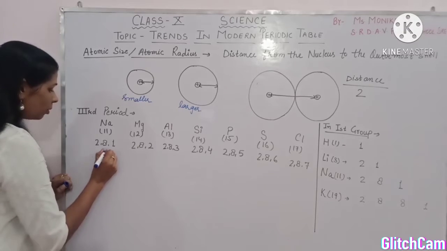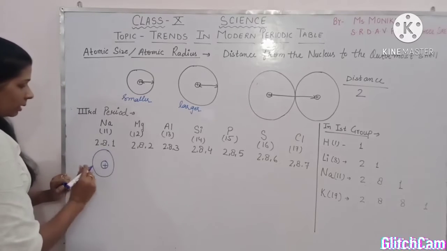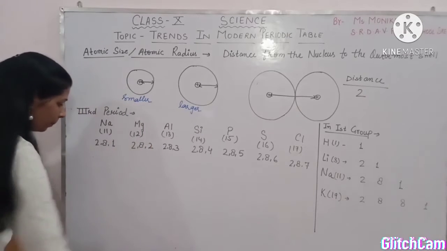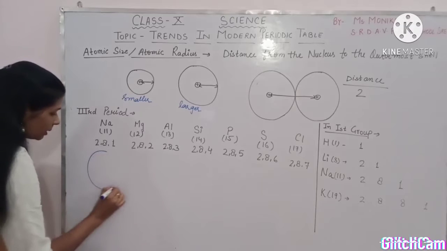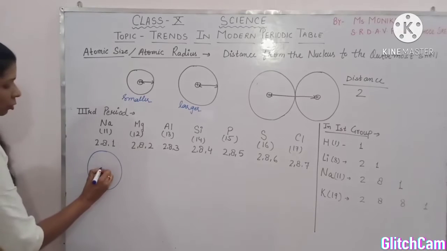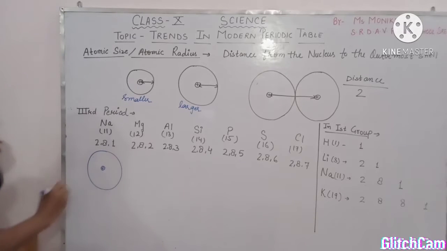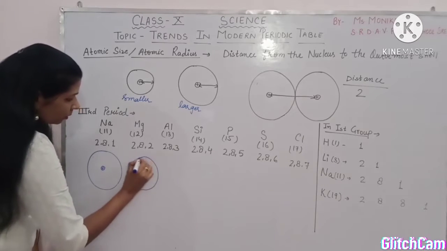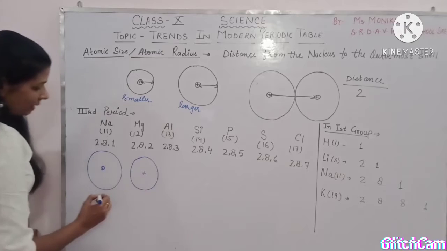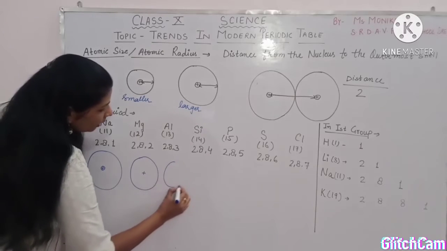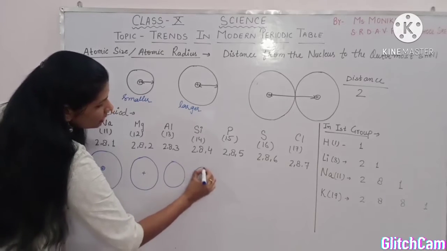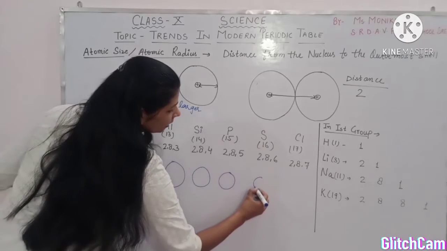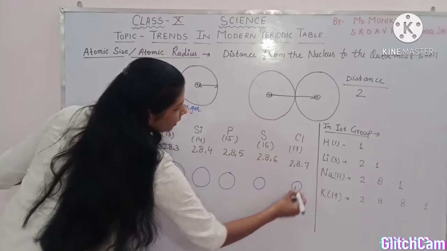This one is the nucleus, and I will make it in another way. This is the atomic size of sodium. Then this one will be the atomic size of magnesium, slightly lesser. Then aluminium, then silicon, then phosphorus, then sulfur, and then chlorine.